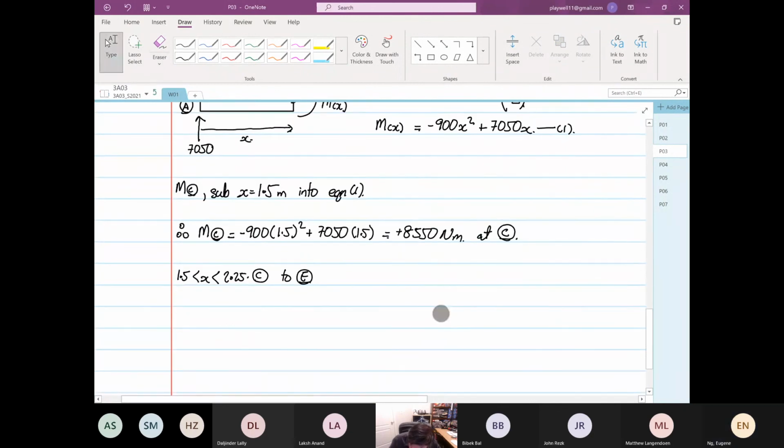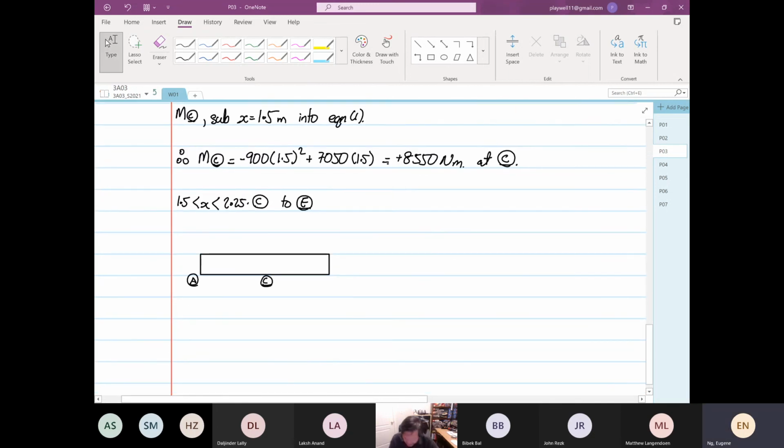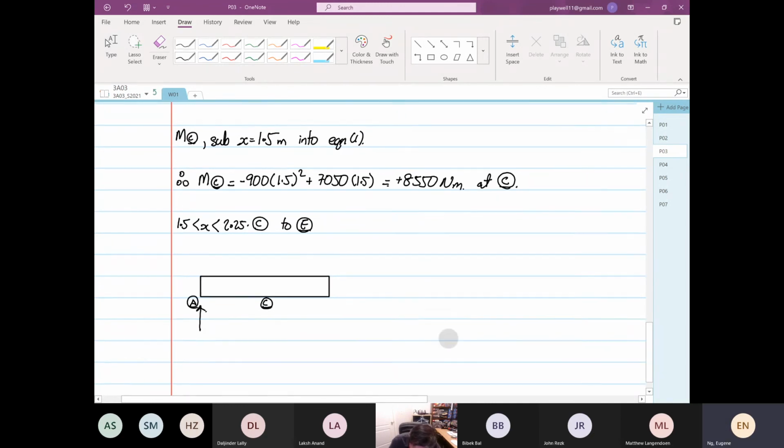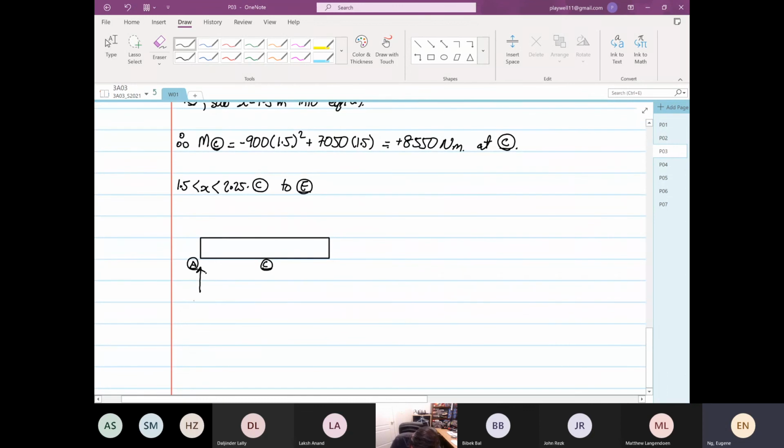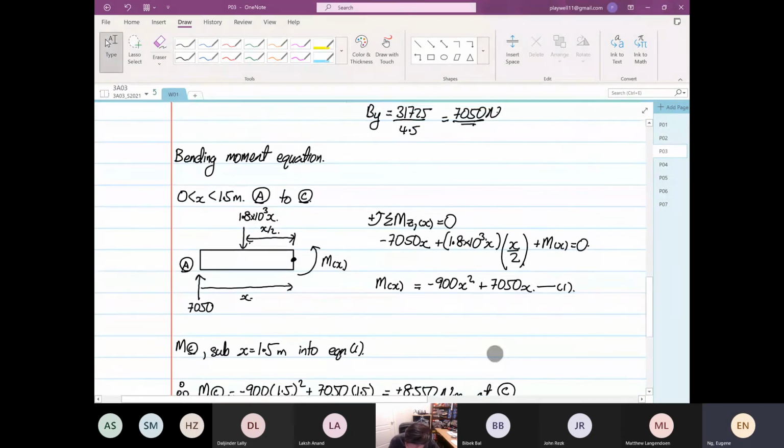All right, so now we're going to draw the free body diagram again. So this is our point A, and this is our point C. We know at point A, we have a load over here, and this is 7050. Is it 7050? I want to be sure.